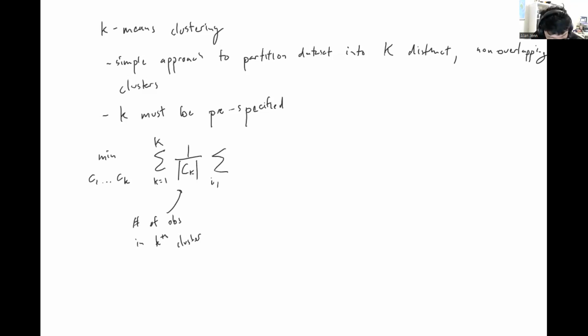So i prime belongs as an element of C_k. So that's the equation, which is a pretty complex representation of what is actually, I think, a relatively straightforward way of looking at this.